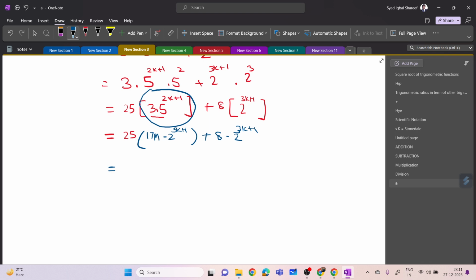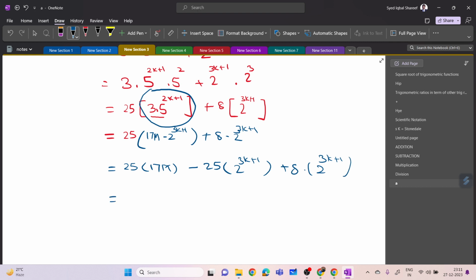Now if you multiply, 25 into 17m minus 25 into 2 to the power of 3k plus 1 plus 8 into 2 to the power of 3k plus 1.